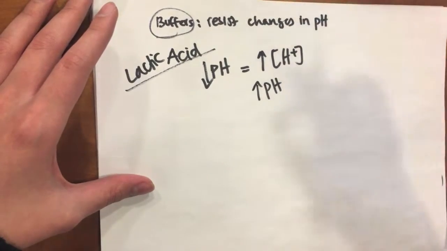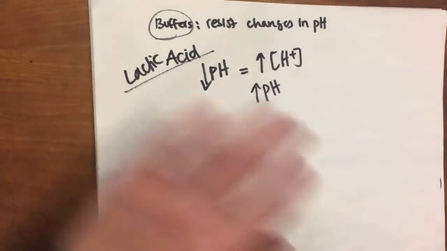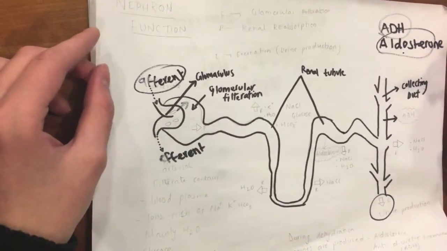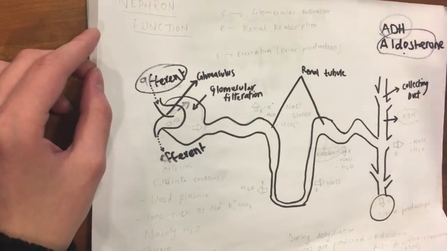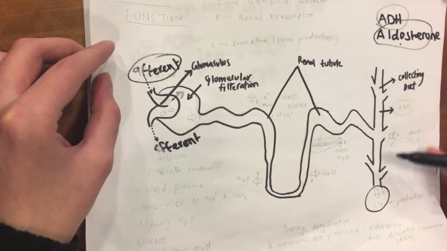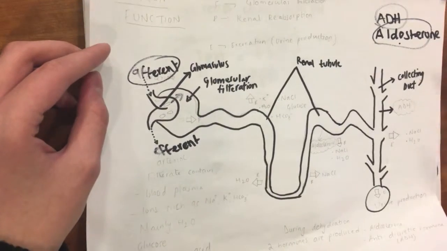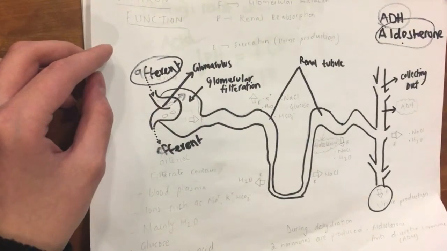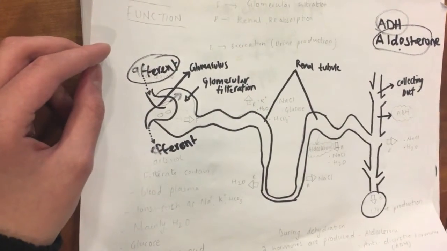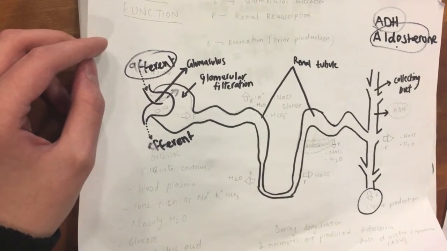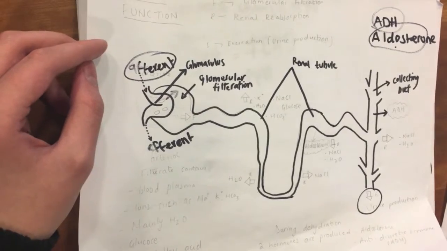For example, if there's too much acid in the body, the renal system would excrete more hydrogen ions in the urine. If there is more carbon dioxide in the blood, breathing also becomes faster to get rid of that excess carbon dioxide, since carbon dioxide has an effect on the pH level.